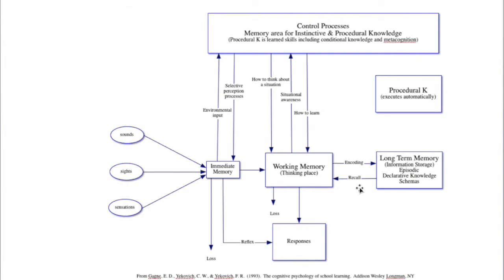There needs to be a process, a place in an information processing system to account for that. And what we're going to use is procedural knowledge to account for knowledge that executes automatically. So as we work on developing an information processing theory, what we're going to need to do is add a place or a function that's going to help us develop knowledge that executes automatically, procedural knowledge.